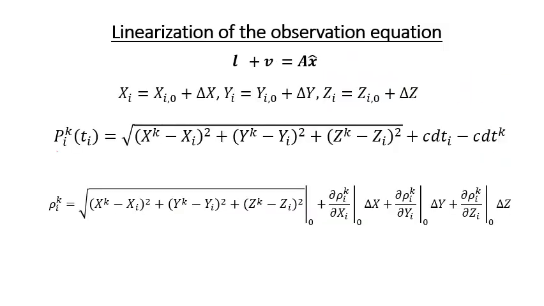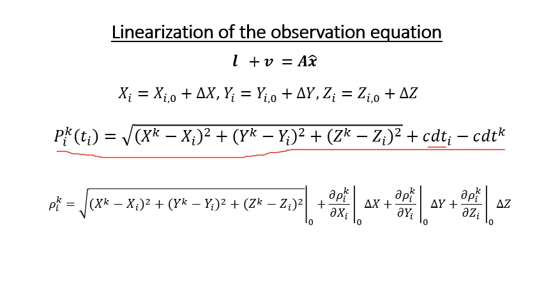So our observation equation is here, as you see, and this observation equation does consist of linear terms, like here. This term is linear, but there are some terms in the equation that include nonlinear terms. That's why we must linearize our problem.